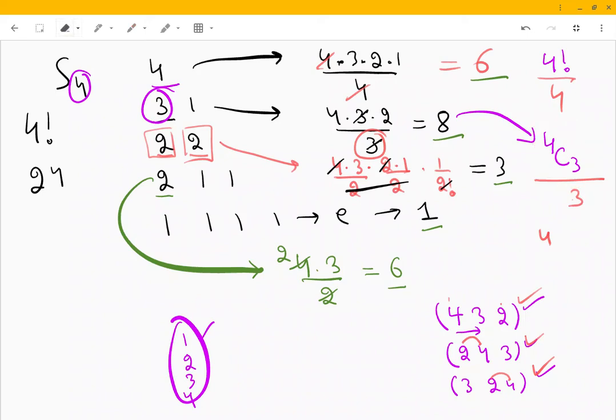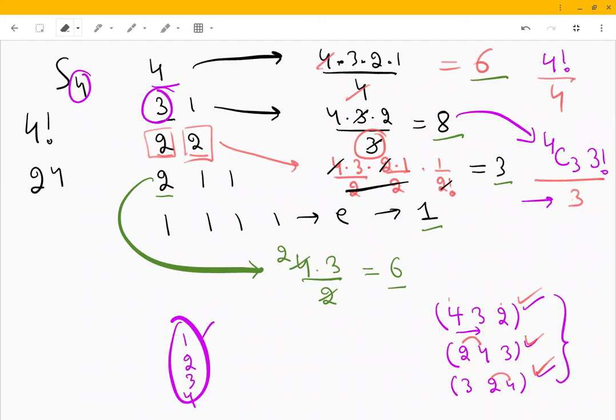We have to... 4C3 is just selecting 3. We have to permute them as well, right? And this is to cancel these repetitions. We select 3, we permute them, and then we cancel out the repetitions. I hope this is clear.